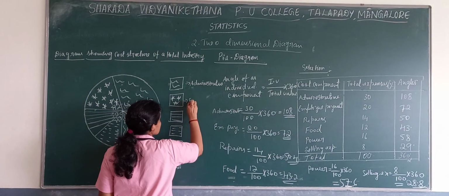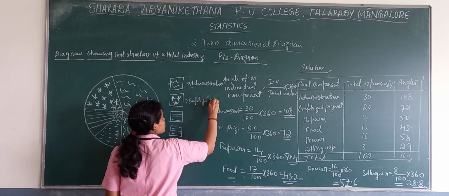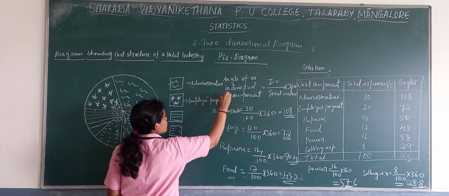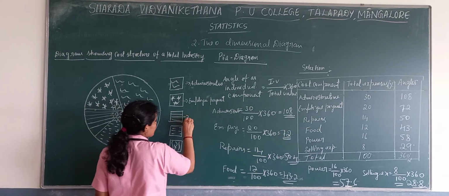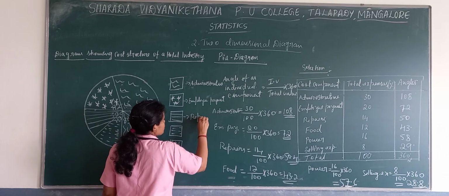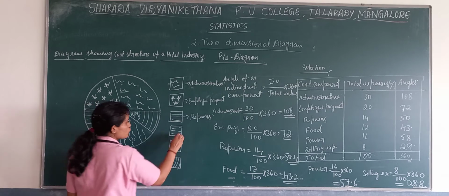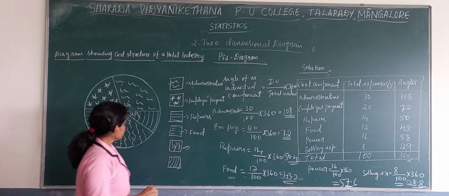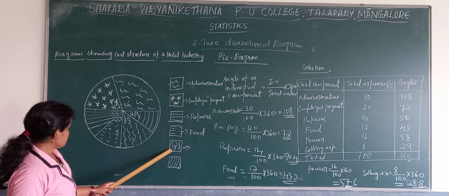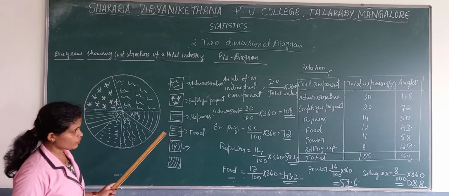Second one, employee payment. Then next 50, that is repairs. Next one is food. Then which one is this? That is 58.